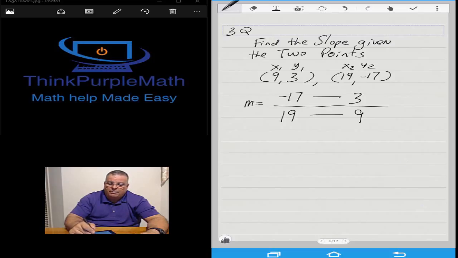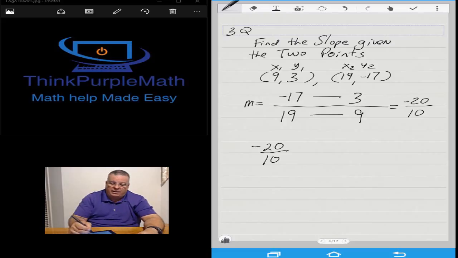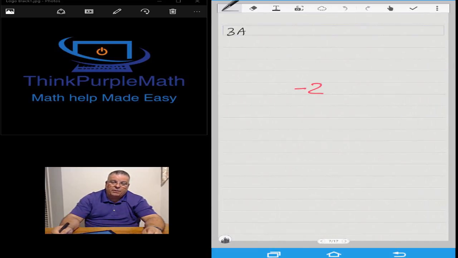Negative 17 minus 3 would give us negative 20. And 19 minus 9 would give us positive 10. So we're looking at negative 20 over positive 10. And that reduces down to negative 2 for our final answer. So there's the slope of that set, negative 2. And there we are.